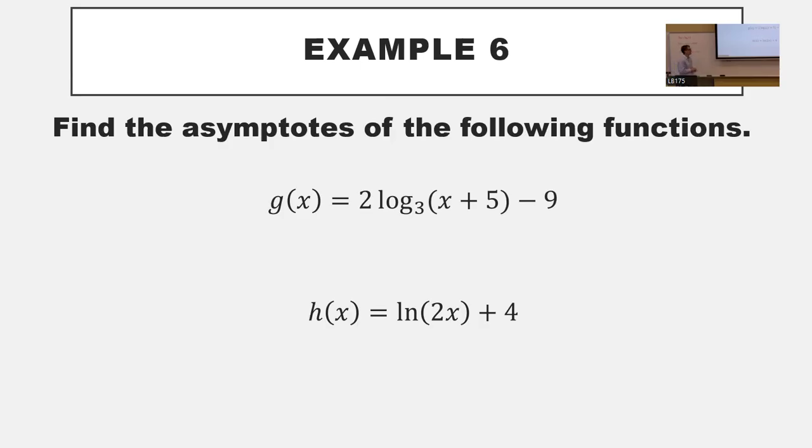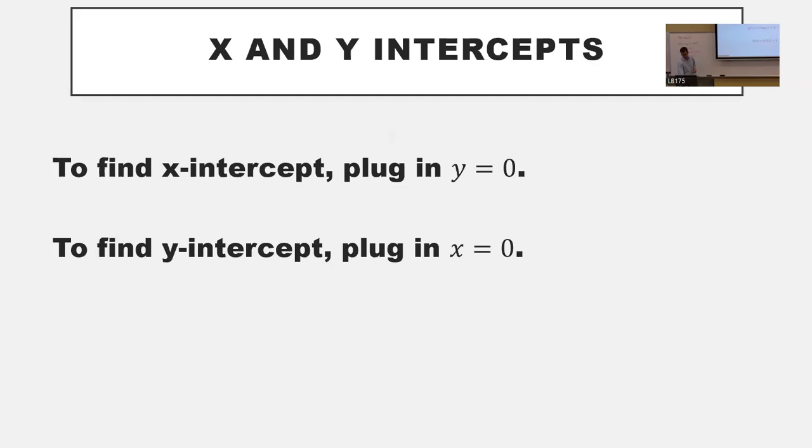For h of x, we're not shifted left or right at all. So we still have our asymptote at x equals 0. Does that make sense? Is that pretty easy? Asymptote just shifts with the x.